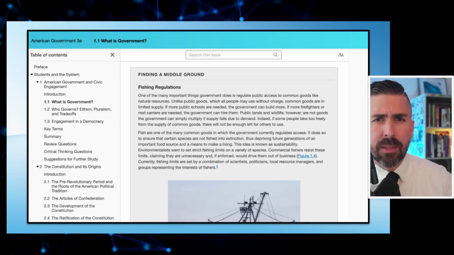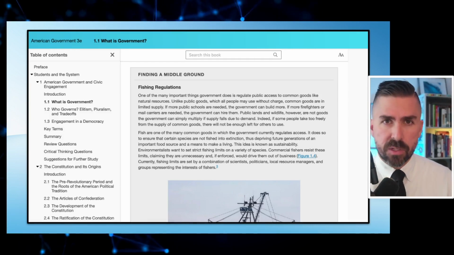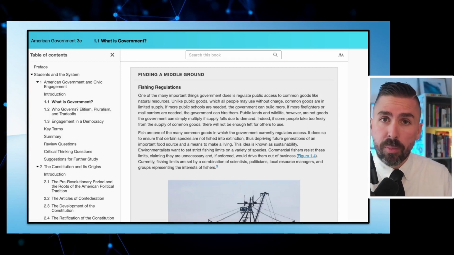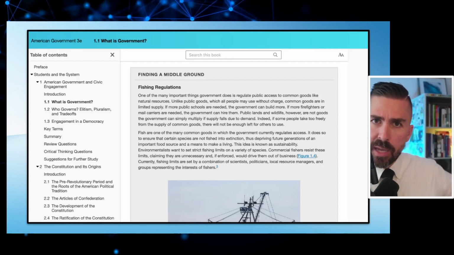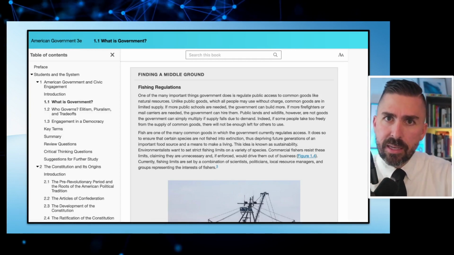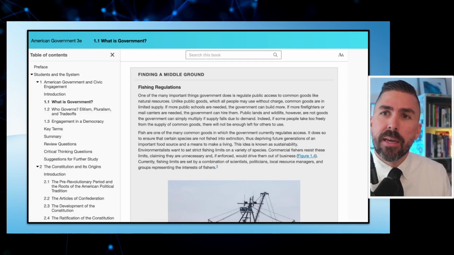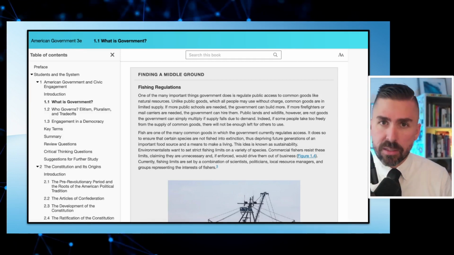Sometimes they're right in the middle of a section, and so you're reading about an idea, and all of a sudden there's this box that shows up that kind of maybe disrupts the flow of your reading a little bit. These are pretty helpful. They'll go in and kind of take a concept from the text and explain it using a real world example. But if it were me personally, I would probably wait till the end so that you can go back and read those so it doesn't kind of disrupt your rhythm of reading the textbook.